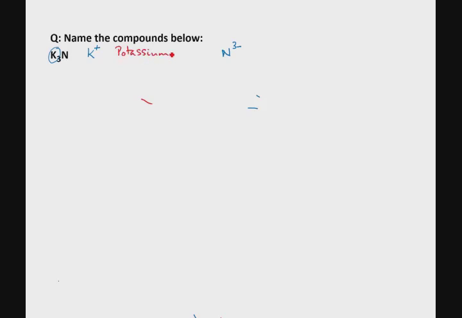The anion is named from the name of the element, which is nitrogen, but we cross out the suffix and add a new suffix, IDE. So when you do that, the name of the compound therefore becomes potassium nitride.